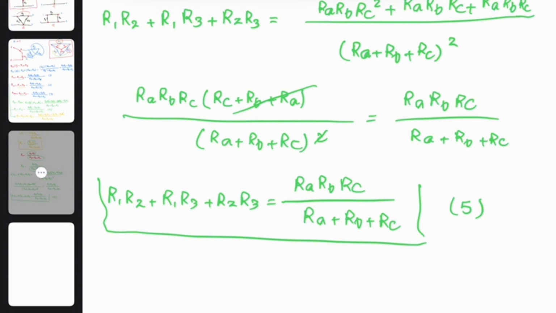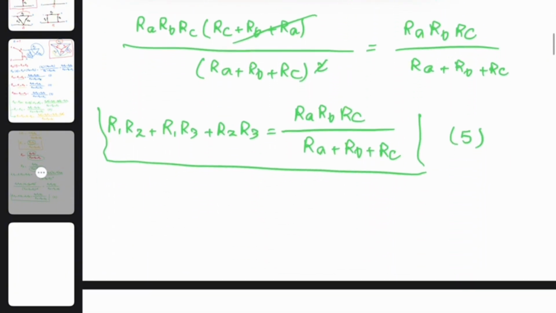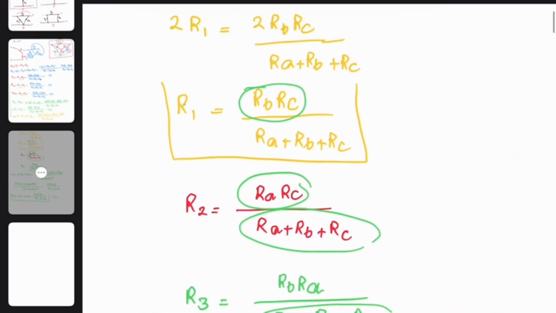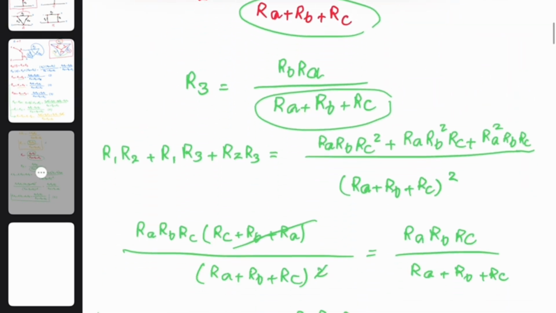Okay, now I can divide this equation number 5 by, let's say, R1, for example.